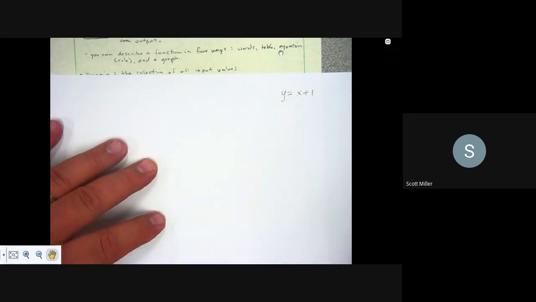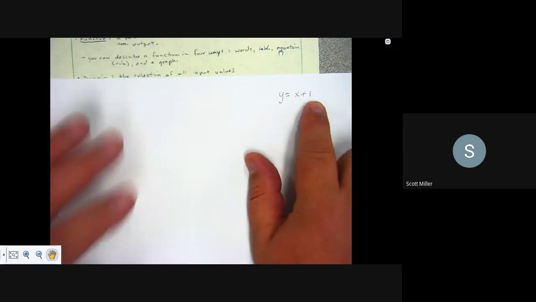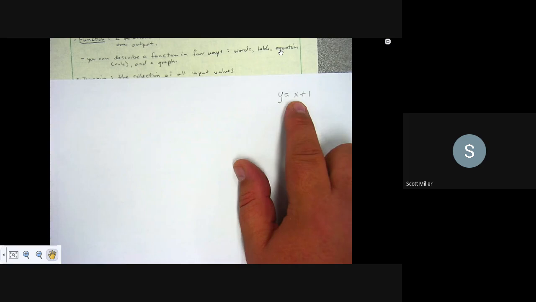But in the real world, this could represent something like the number of people going up the stairs. So if x represents time, and y represents the number of people, I don't know, that doesn't make any sense, but you get the idea.